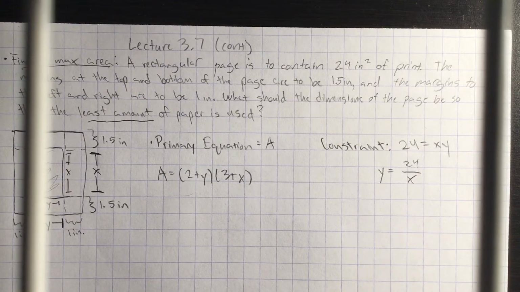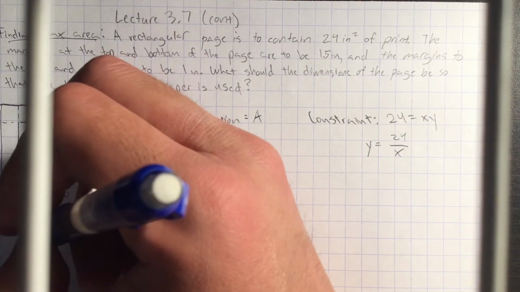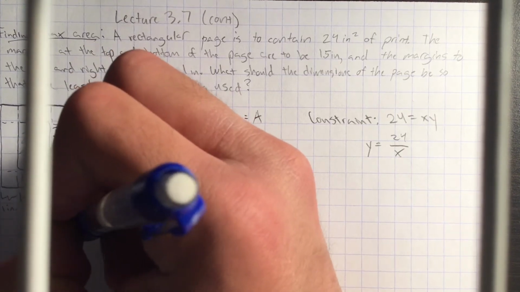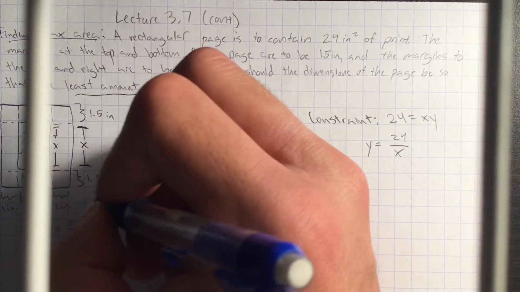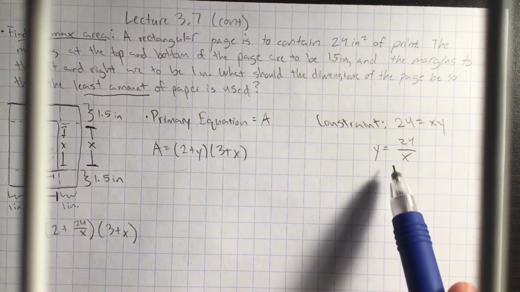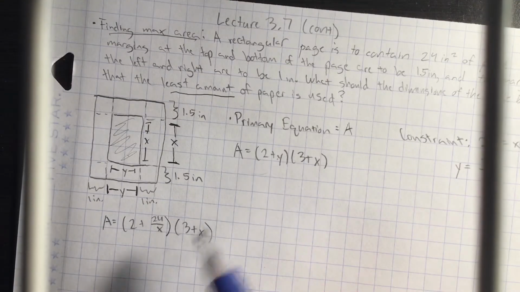So now that we isolated that, we can plug that back into our primary equation, and that would look like this. Area equals 2 plus 24 over x times 3 plus x. So we just plugged our y into this right here to get this.